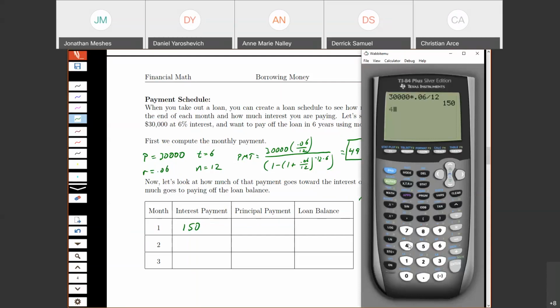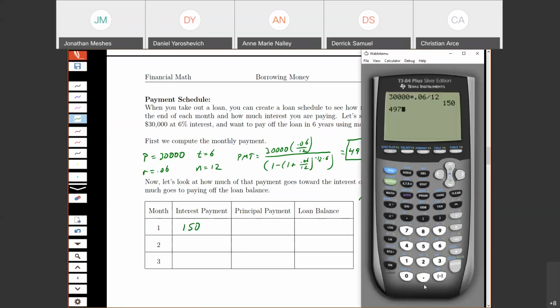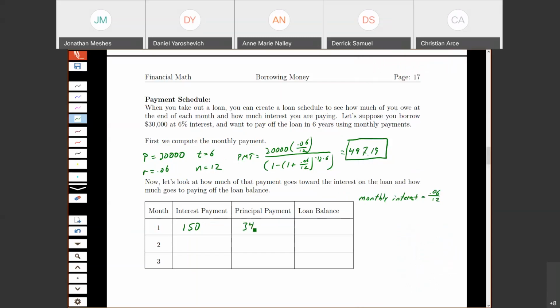So I'm going to take my $497.19 and subtract 150. That $347.19 goes to my principal, so my loan balance will go down by $347.19.